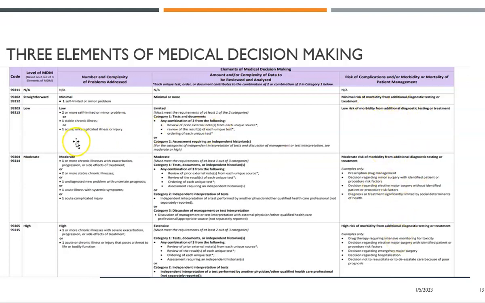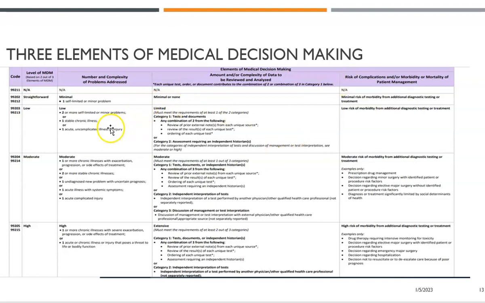So 2 of 3 of the number of complexity of problems addressed, the amount or complexity of data to be reviewed and analyzed, and number 3, the risk of complications and or morbidity or mortality to the patient management need to be met to assign the code.